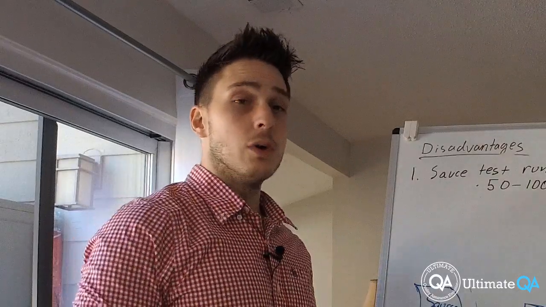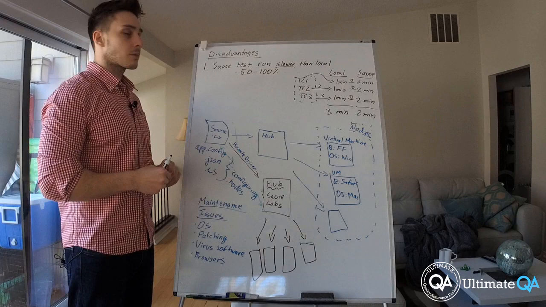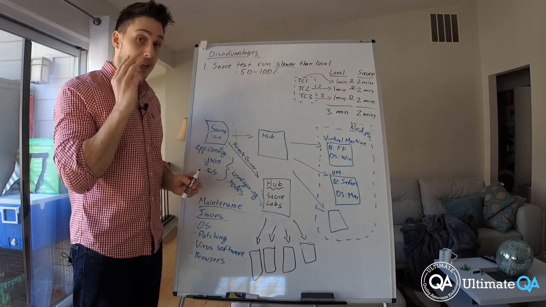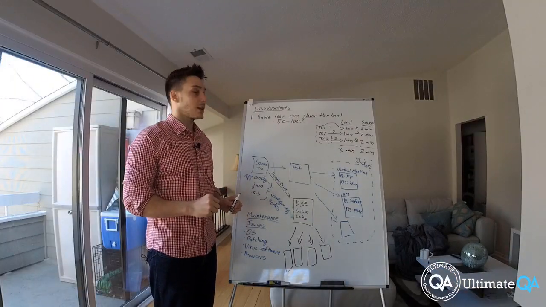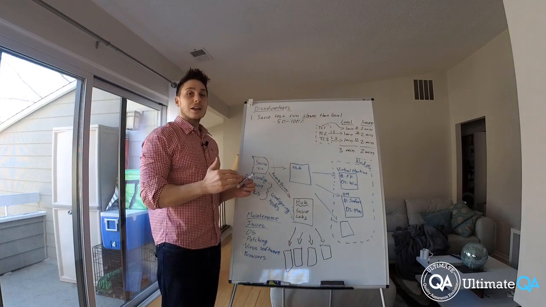So what does that mean for you? It means that because of this disadvantage, you're going to require at least 3 virtual machines from Sauce Labs if you're looking to speed up your suite execution time.